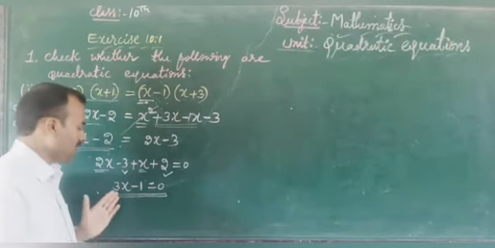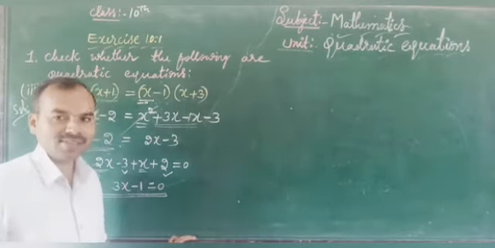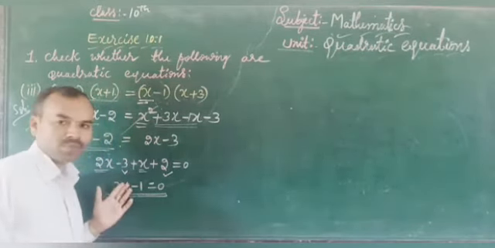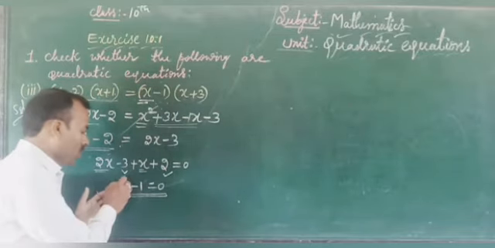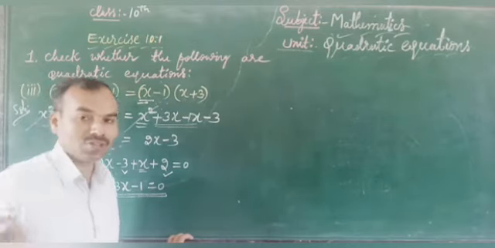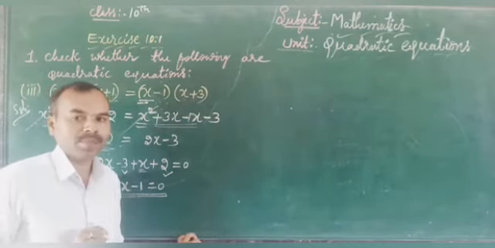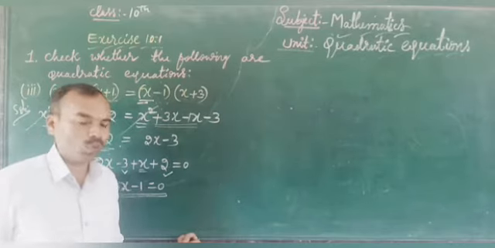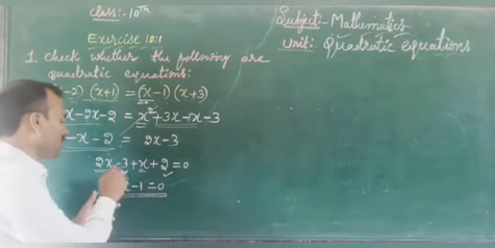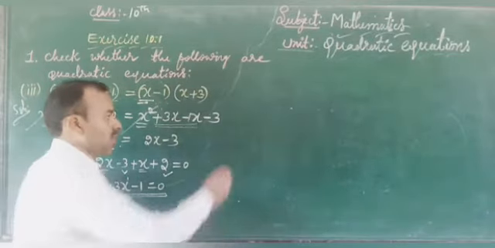Directly we can say this is not a quadratic equation because there is no power 2 variable. We already learned the quadratic equation definition. Yes, the variable should be of degree 2. Here it is degree 1. It is a linear equation, not a quadratic equation.